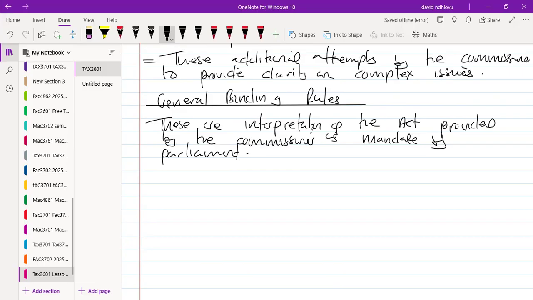So there are certain areas where the commissioner is given powers to issue general binding rules outside the sitting of parliament to provide additional rulings.